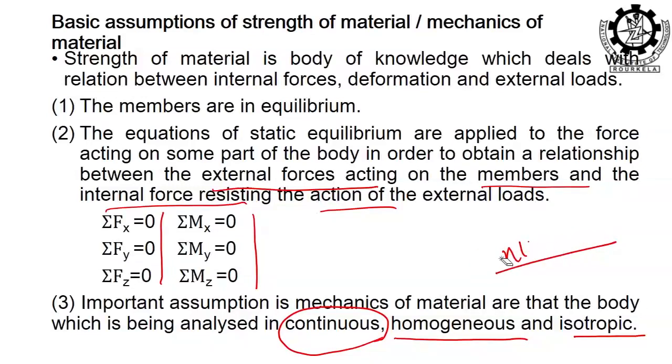When I am talking about continuum analysis, this body has to be continuous. If I am talking about a beam made of any conventional material, it may be mild steel, it may be aluminium, or it may be a plastic beam, but is the plastic beam the same as aluminium?